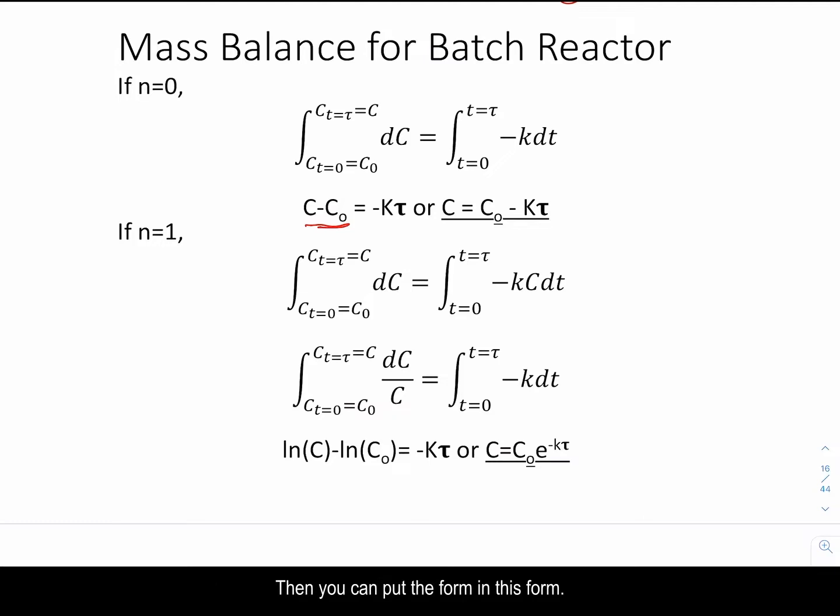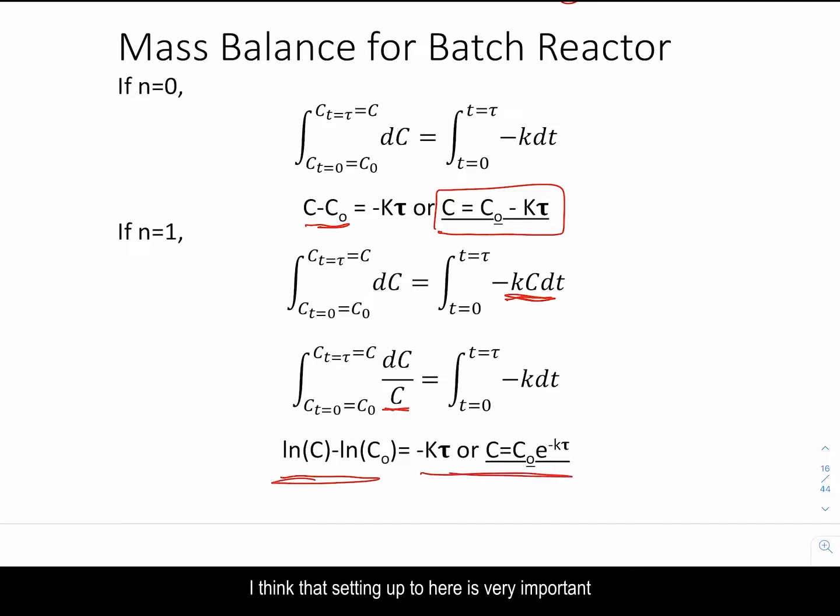Okay, and then you can put it in this form. And if n equal 1, then the expression becomes this. Then you send the C to this side, and then if you integrate dC over C, that's natural log form. So you have this, and you have this.